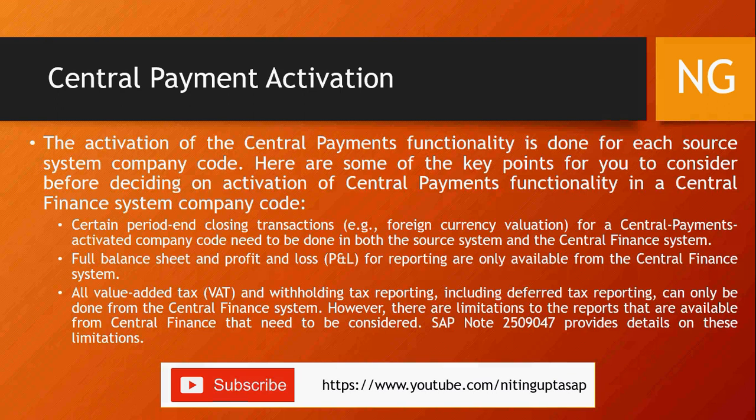However, for tax purposes, which is absolutely a legal and compliance matter, there are some limitations. So you need to consider note 2509047 to understand what limitations there are, and you need to work with your tax team and your design team to ensure that you cope with the limitations before you finally say we are good to go with the design.